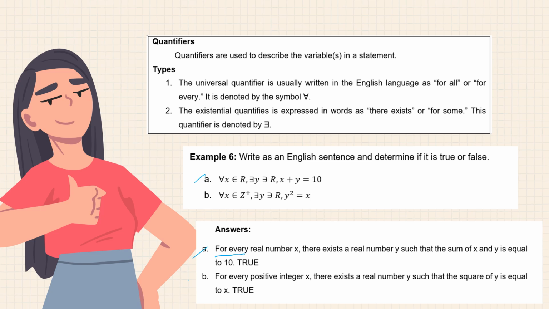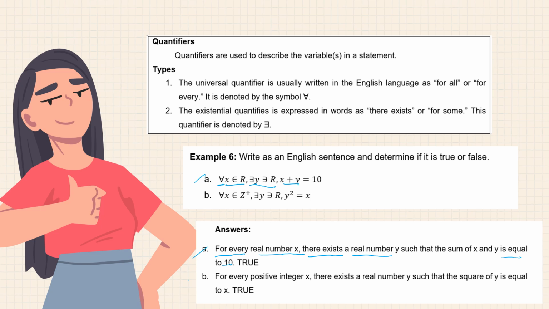So for every real number x, since x is an element of all real numbers, there exists a real number y such that the sum of x and y is equal to 10.